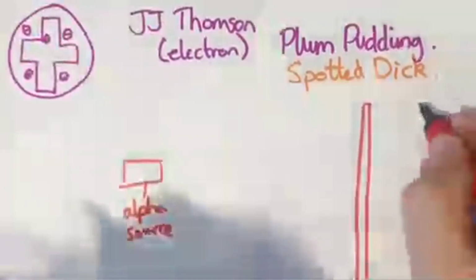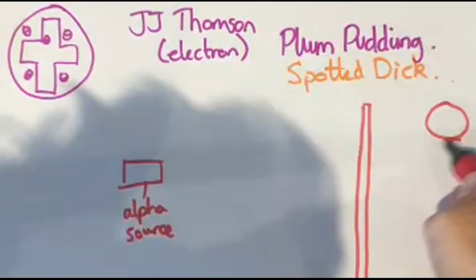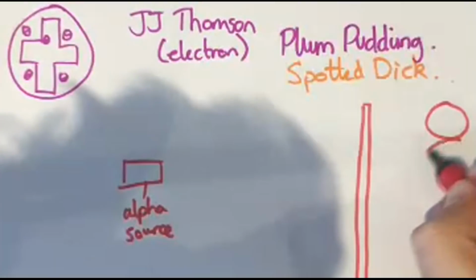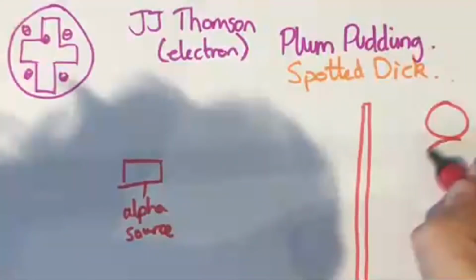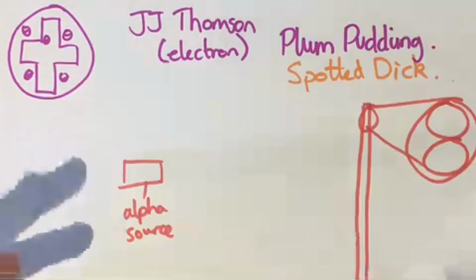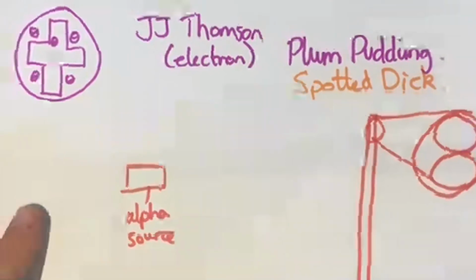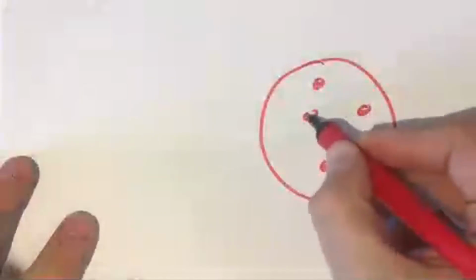So the idea is essentially, you can think of this as atom thick. So if I zoomed in like this, it's like one atom thick. Now remember, at this point, he assumes that the atoms are plum pudding model atoms. So if I took plum pudding model atoms, where I've got the positive charge and these negative electrons like this, and I'm going to take an alpha particle.